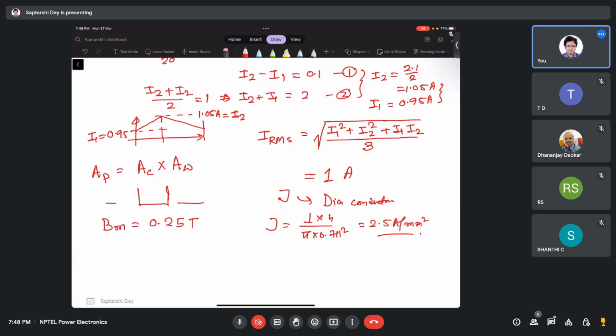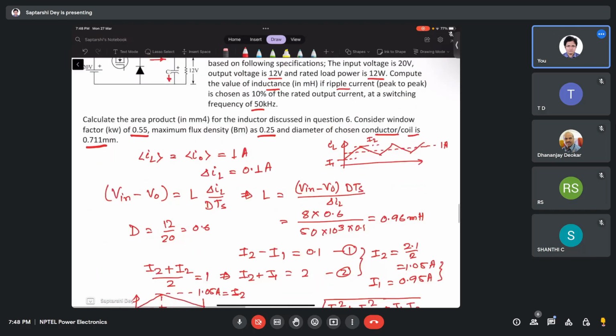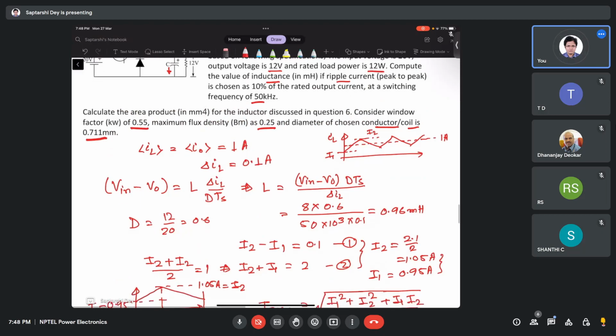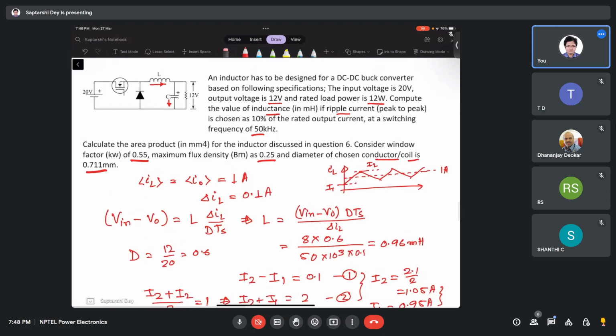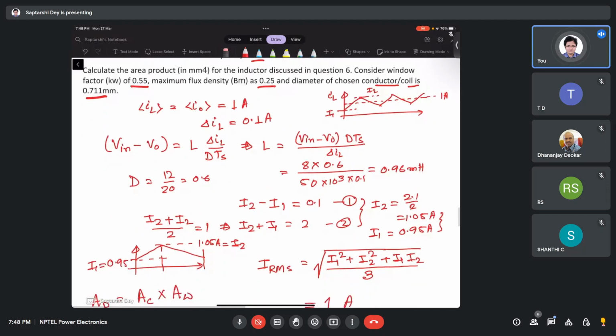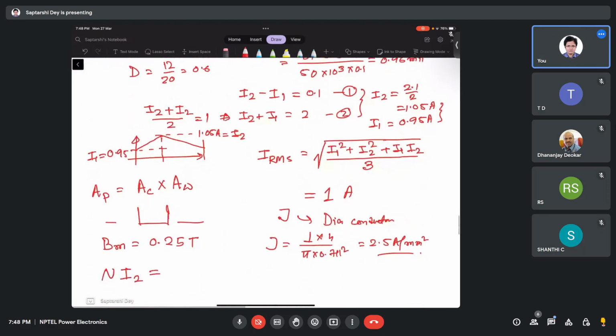Now say if I now write N times I2 equals reluctance times flux. How would I know the number of turns? Reluctance.